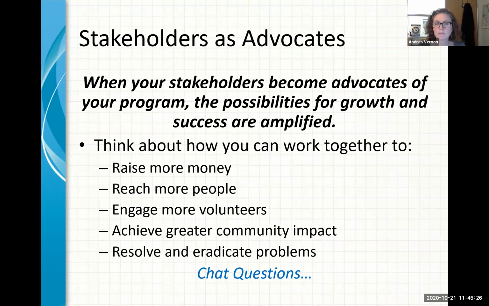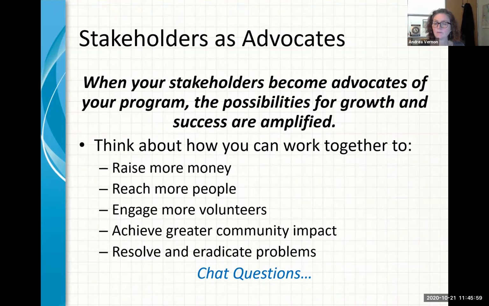There are lots of examples of nonprofit organizations forming coalitions so they can go together in grant applications and demonstrate to grant makers that they are collaborating to have a bigger impact and maximize the investment dollars of a foundation grant. How could it help you engage more volunteers? Again, partnering with other groups and stakeholders will open the doors to other people that are also interested in similar work and service capacity. Ultimately, I think what we're driving for here is greater community impact.